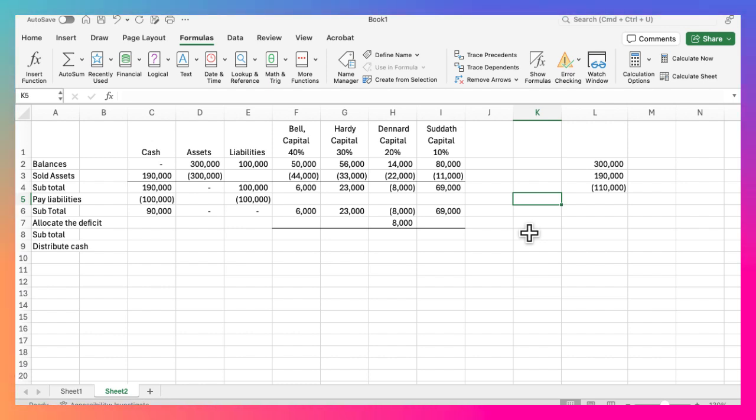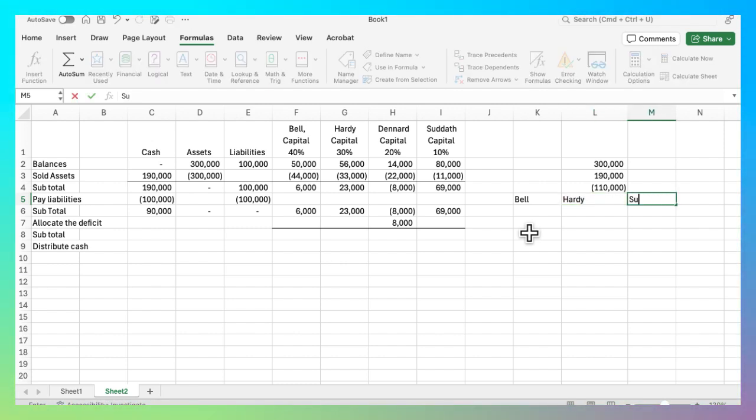So we have Bell, Hardy, and Sadath. Think about it: Denard drops out. Poor Denard has a deficit. It's getting allocated to the rest of the partners, and Denard gets no cash. He's done after we allocate this loss.